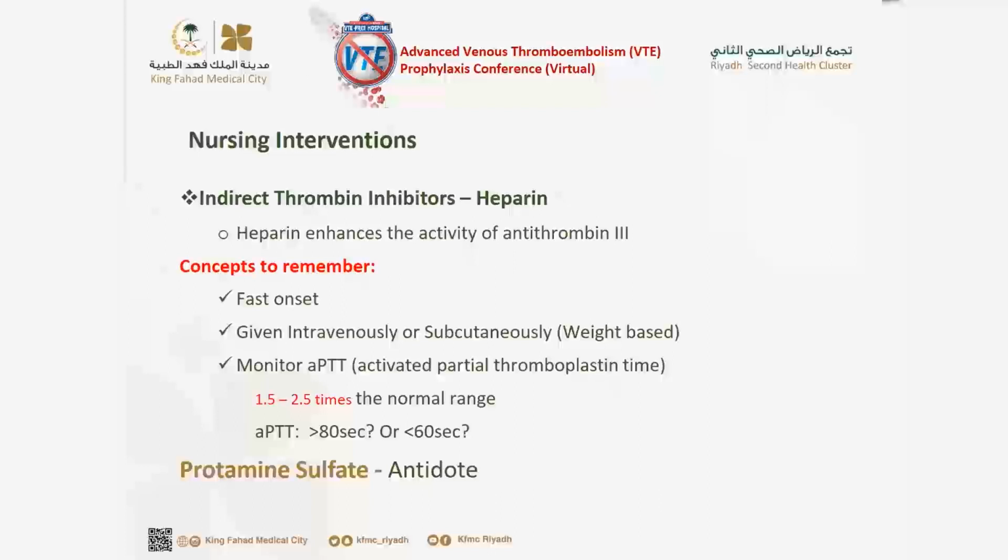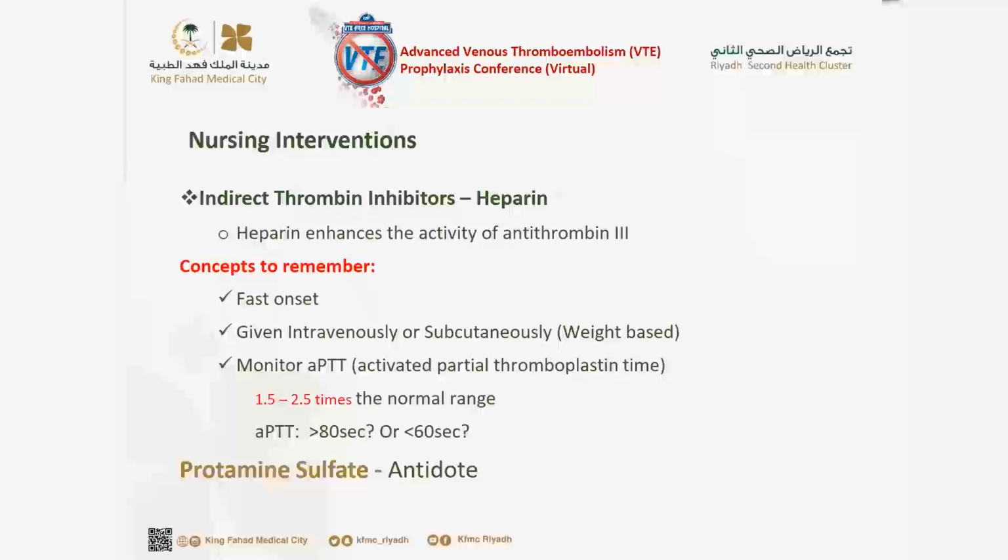Here we will be monitoring the APTT, the activated partial thromboplastin time, and it has to be 1.5 to 2.5 times the normal range. Nurses need to remember that if it is more than 80 seconds, your patient is going to have an increased risk of bleeding.